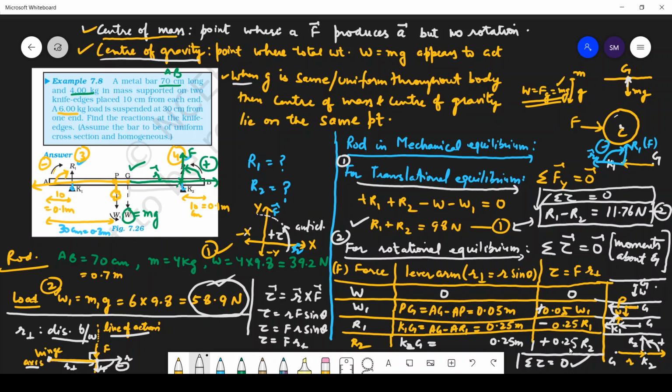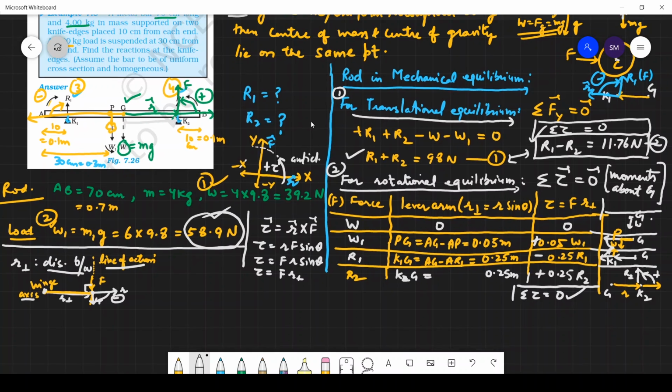Adding these 4 values equals to 0. Adding all the forces equals to 0, that is your translation equilibrium. What is rotational equilibrium? Adding all the torque equals to 0. So adding all these 4 torques and equating them to 0, I will get this equation R1 minus R2 is equals to 11.6.